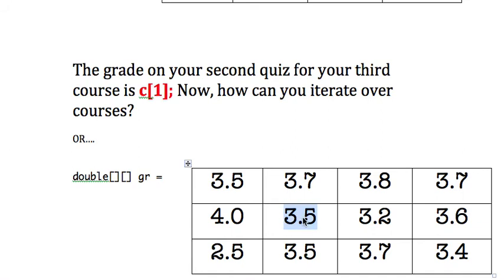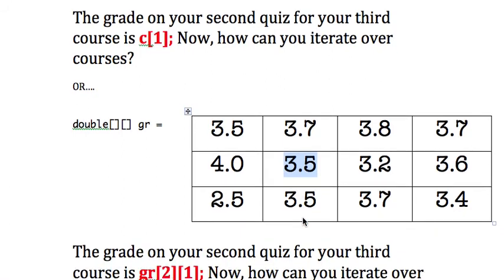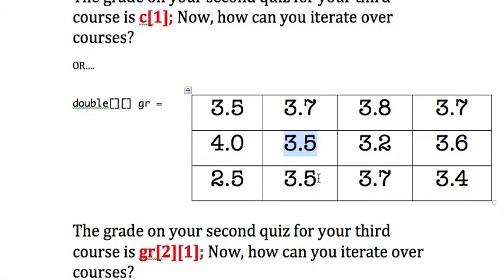So for example, the grade on my second quiz of my third course, which is this one, right, would now be GR, and this is how I refer to it. First, which row is it in, starting from 0? 0, 1, 2, it's in the second row. And then in which column, starting from 0? 0, 1, it's in the first column.